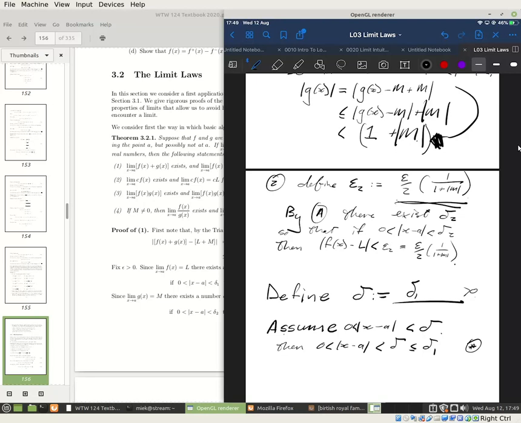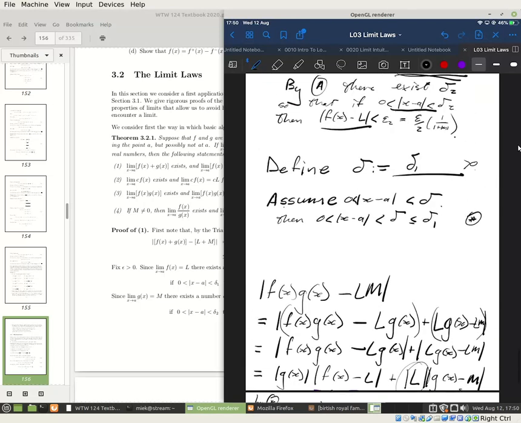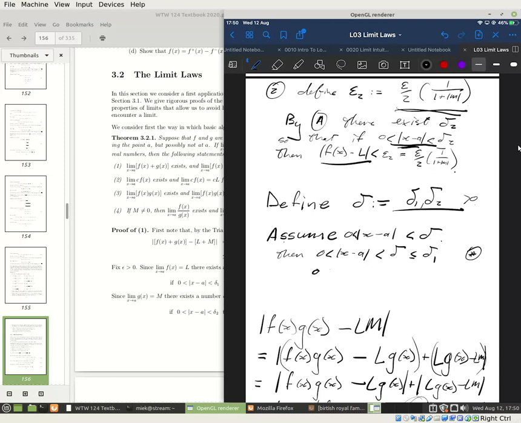Like so. So under this condition, we can get this thing less than epsilon 2, under the condition that this thing is less than delta 2. So we got to bake in a delta 2 here, so that we automatically get this delta should be less than delta 2. Let's call this double star.